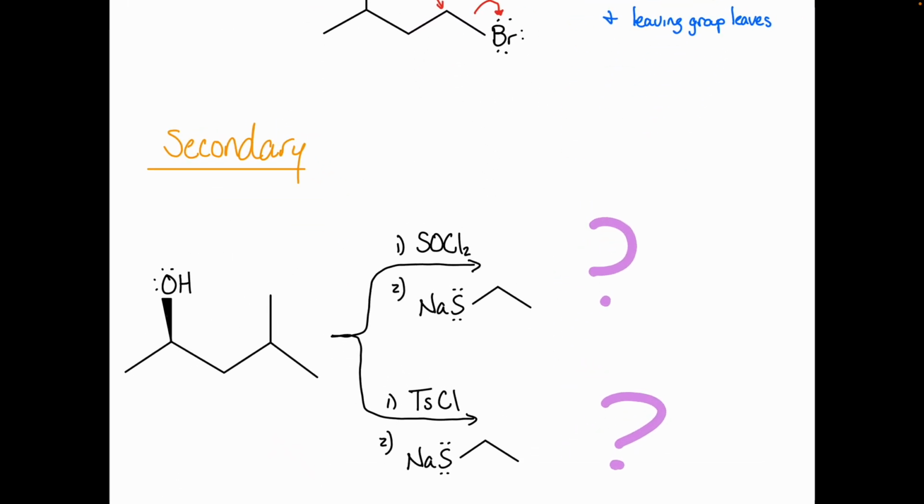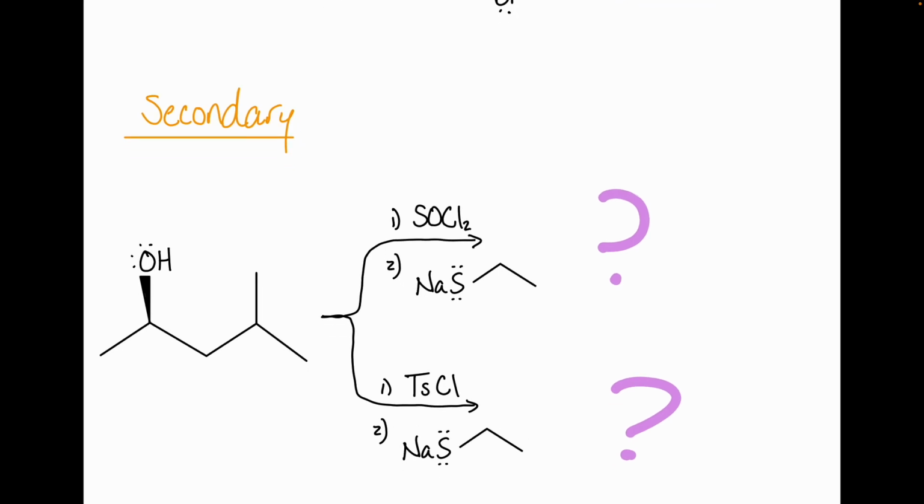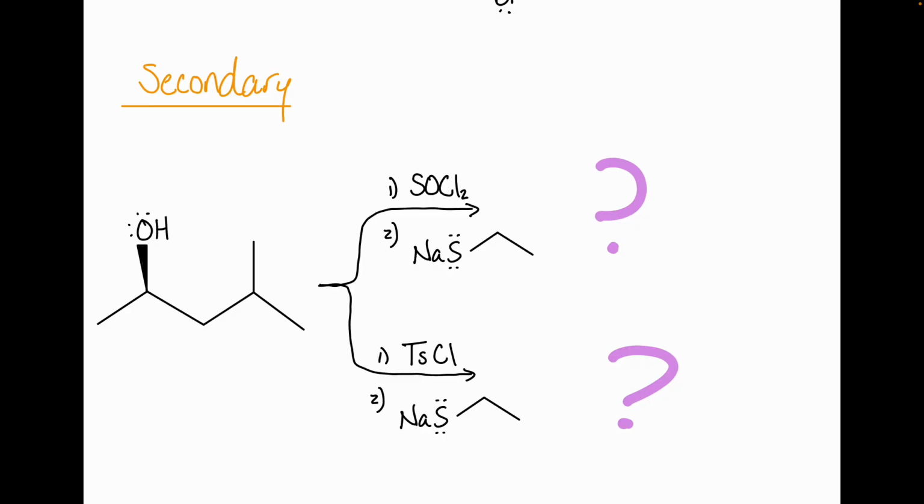With secondary alcohols, we do have this stereochemistry that we can worry about. So if we have a stereospecific reactant, this would be the R enantiomer of this particular alcohol. We got to worry about what happens when we do our SN2 reactions, because in these SN2 reactions, there's a stereochemistry inversion.